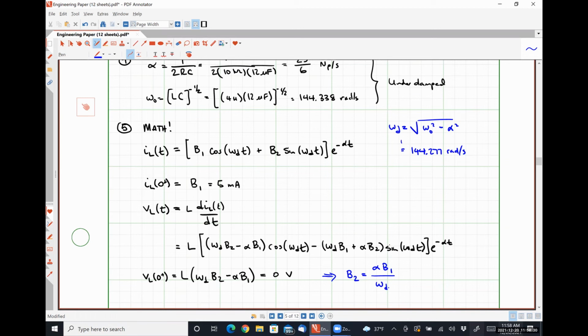If my algebra is incorrect, by all means tell me, but all I've done is divide both sides by L, which effectively just gets rid of the L since I'm dividing 0 by it. Then I moved the alpha B1 to the right-hand side of the equal sign, and divided both sides by omega d.